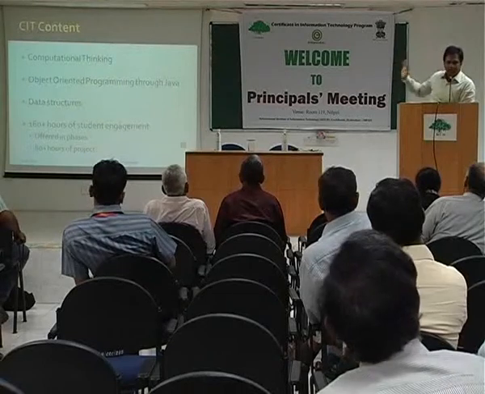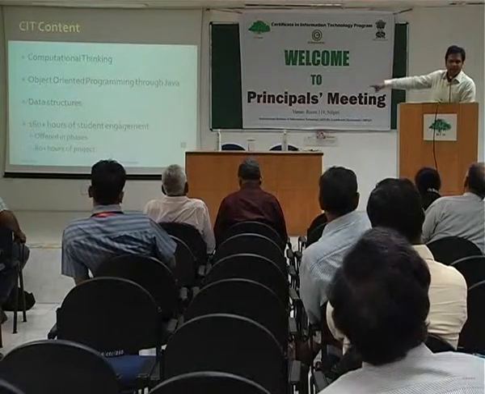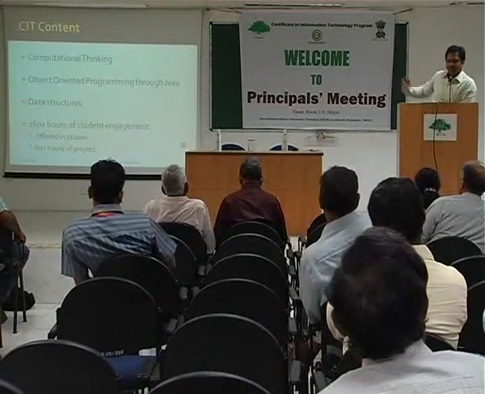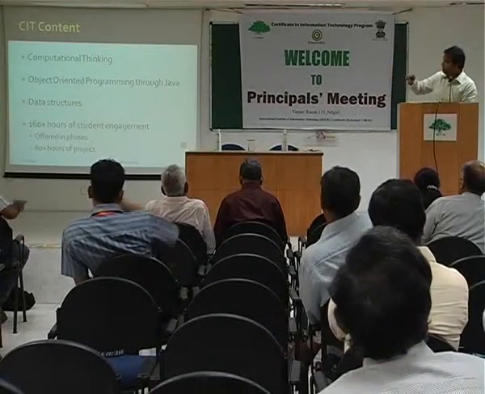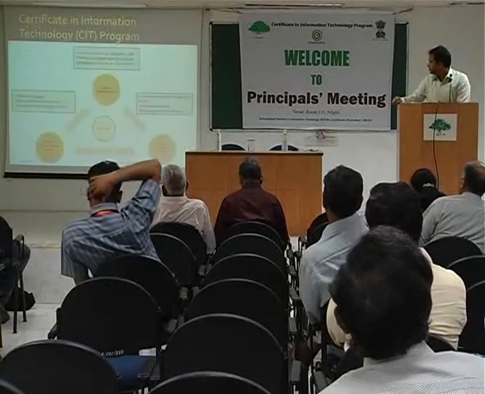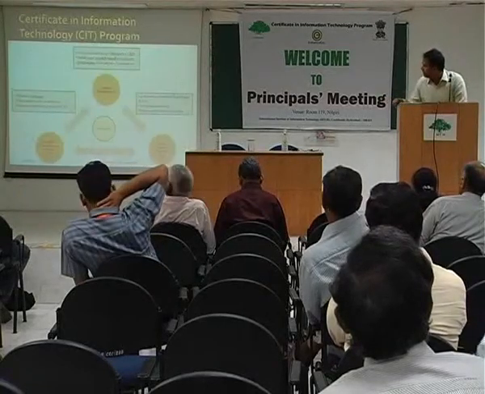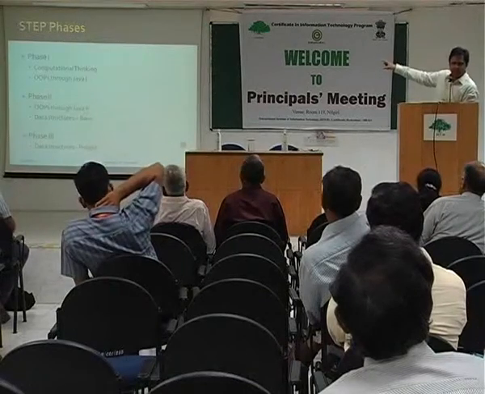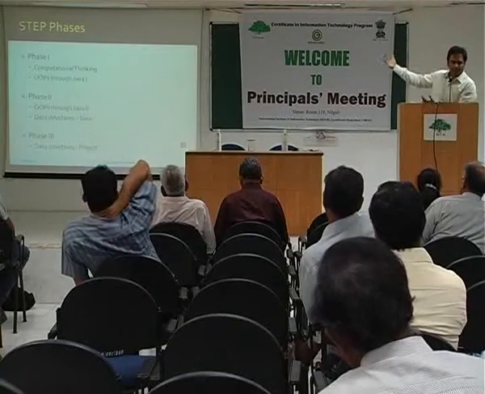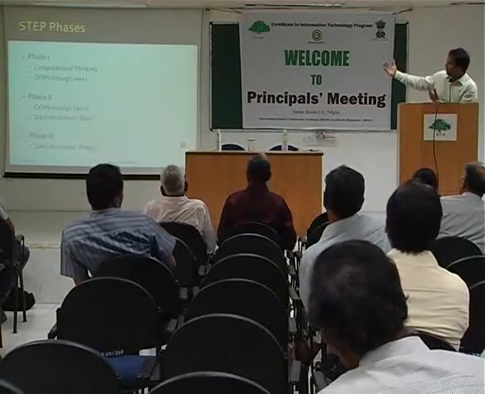Excluding the project, it's 160 hours of engagement. So each phase is 80 hours: 80 for the first phase, 80 for the second phase. So 160, that's how 160 is calculated.